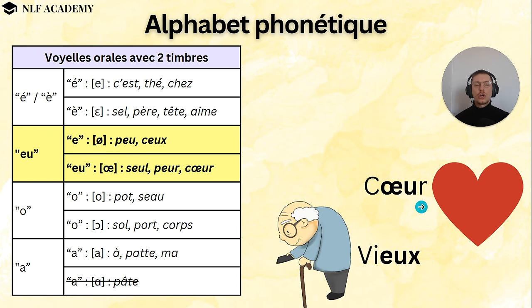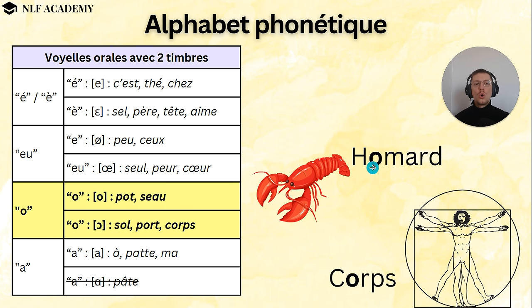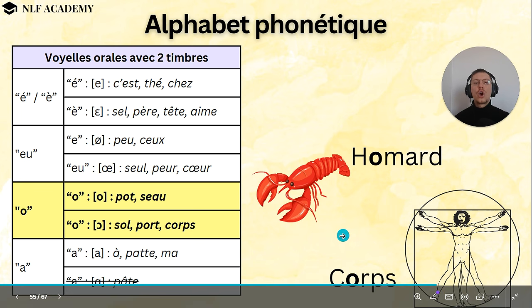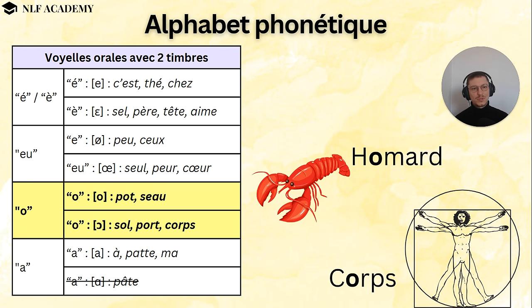Eu comme cœur, the heart, cœur. O comme homard, homard. O comme corps, homard, corps. It might seem difficult to distinguish the difference between them.